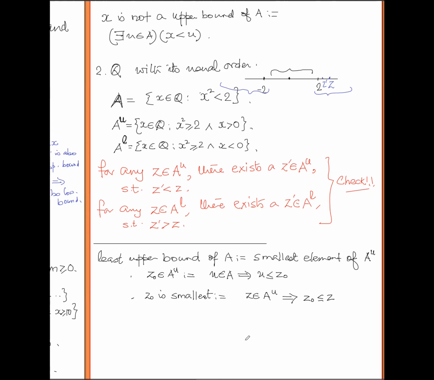If we expand this a little further, it says whenever U belongs to A and U is less than or equal to Z, so this says for all U in A, if Z is larger than every member of A, then Z naught is less than or equal to Z. Okay.